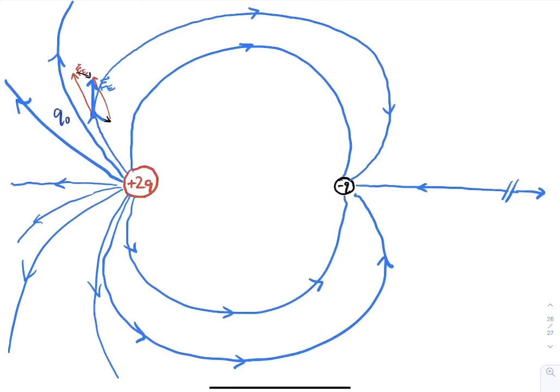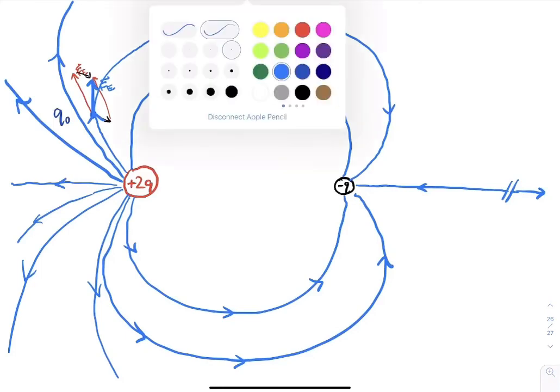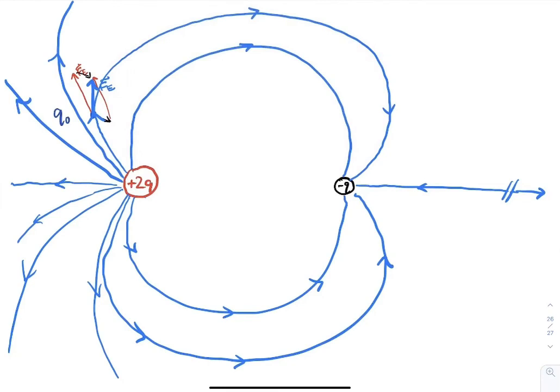Anyway, there's a couple other points to make. This isn't a bad picture. I'm not the best artist, but this really does show the general shape of a dipole. You also can always look these things up because you have the internet. Something I wanted to show was what happens if you look at this from really far away, so if your distance r is very large.